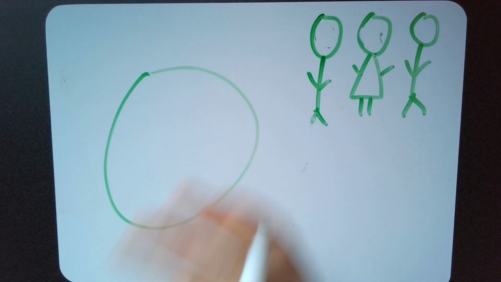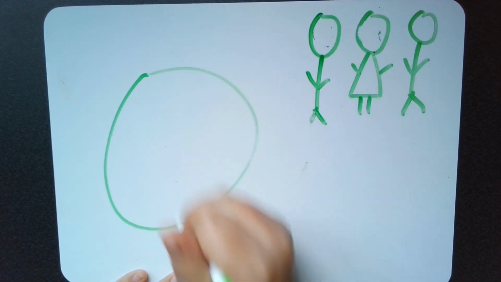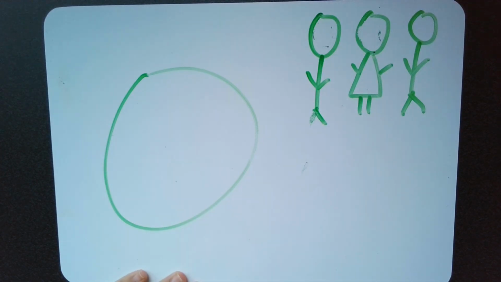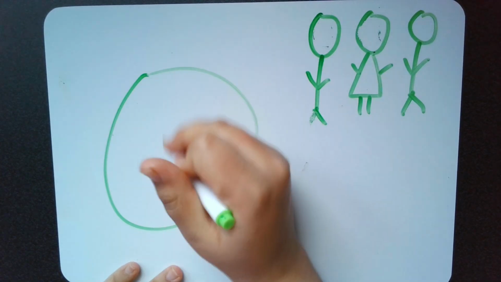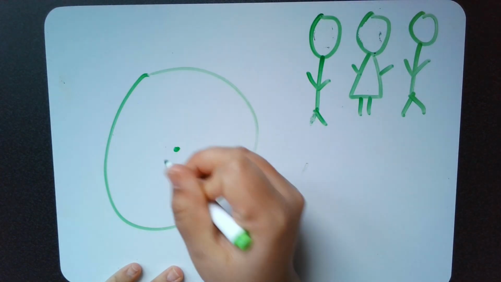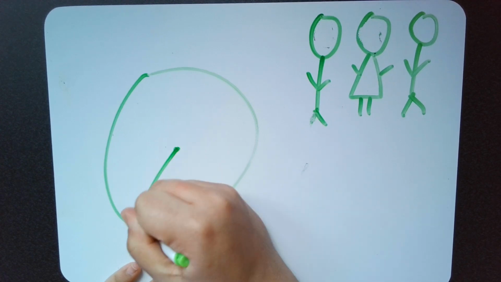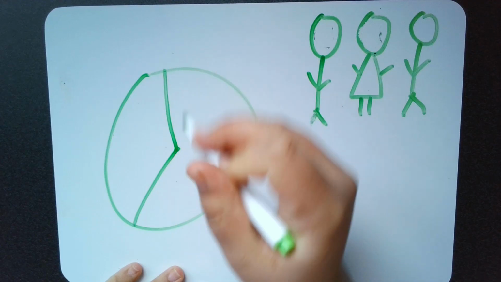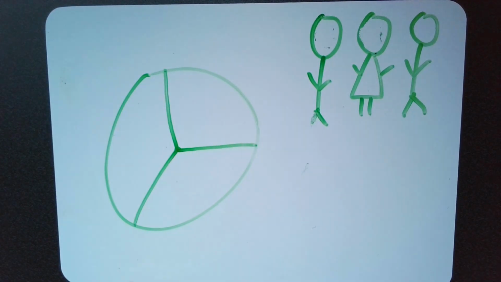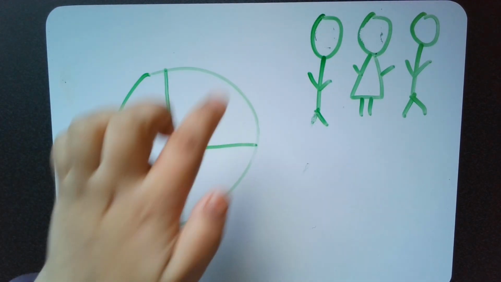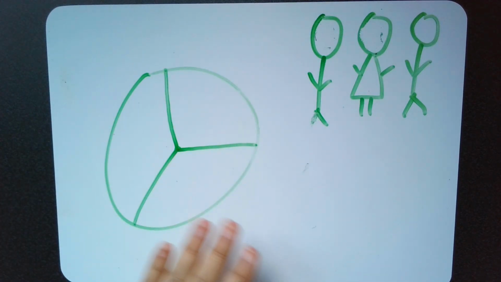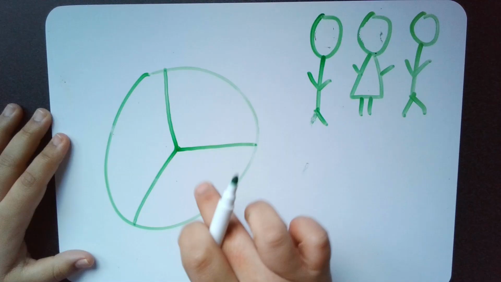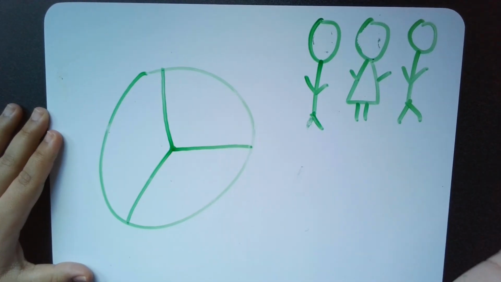To do that, I'm going to have to be a bit smart about how I do this one. I can't go directly down the middle because then I'll have two parts. Maybe I need to split it into three. So I'm actually just going to draw a little center point for myself and go like this. One, two, three. Now this is roughly three equal parts. 1, 2, 3, and I've got 1, 2, 3 people.